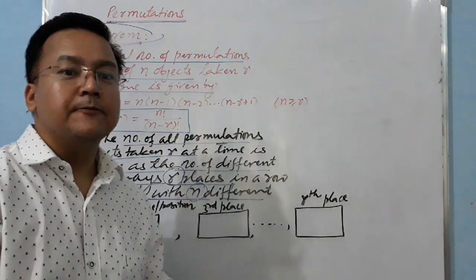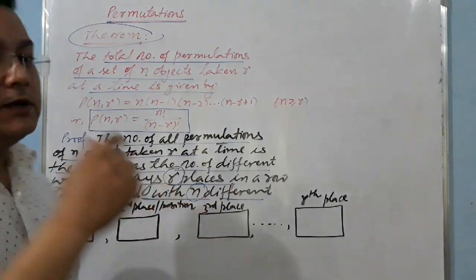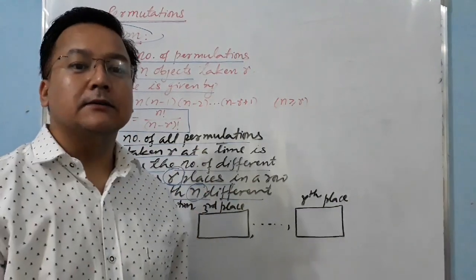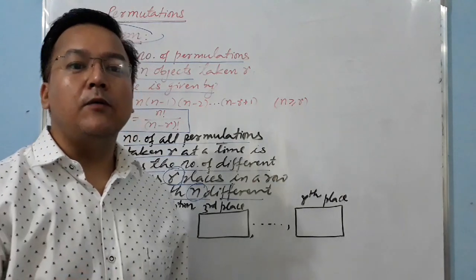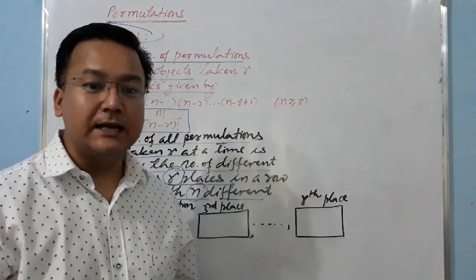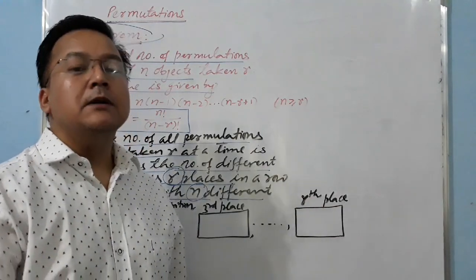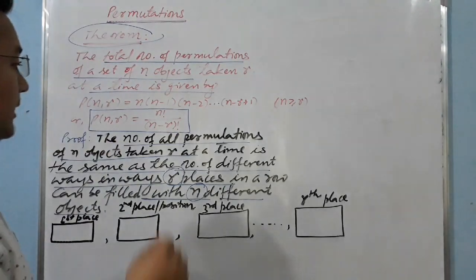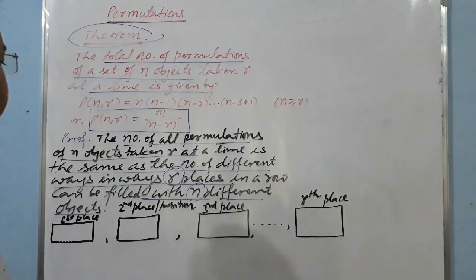So once again, it is equal to the number of ways in which r positions, or places, can be filled up with n objects, in a row.